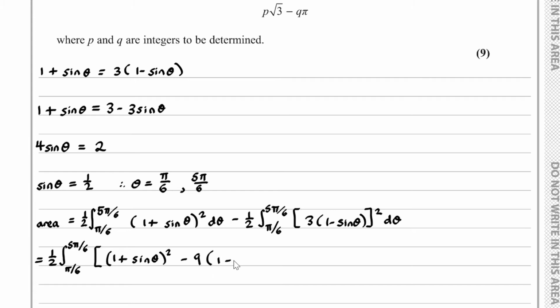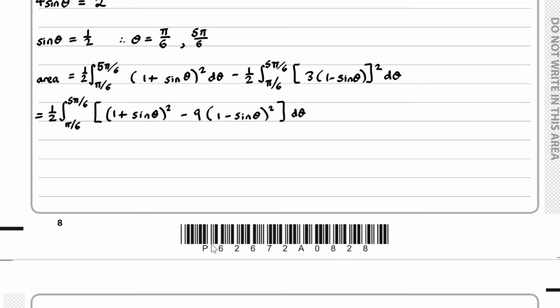So we've got 9 lots of 1 minus sine theta all squared. So we need to deal with the bit inside the bracket. And if we do that, we just have to simply expand and simplify.